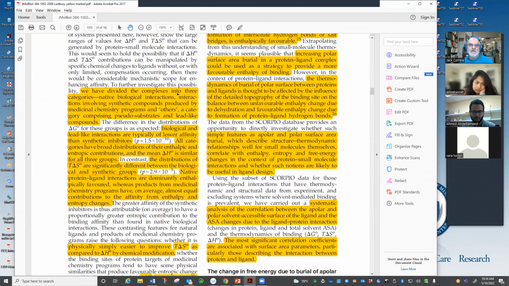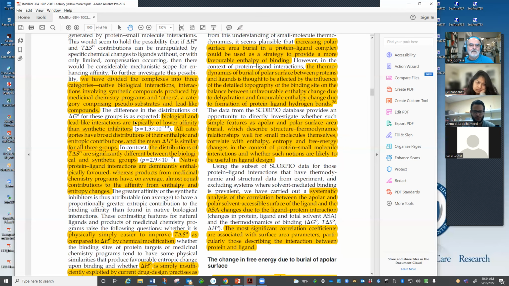And so now they define what they mean, and I've already said this, but I'm going to go through it a little bit. They divided the complexes into 3 categories. Native, I said natural, biological interactions. Interactions involving synthetic compounds produced by medicinal chemistry. And others, a category comprising pseudo-substrates and lead compounds. And I already used the term lead compounds.